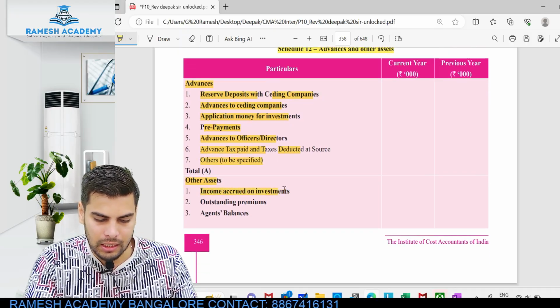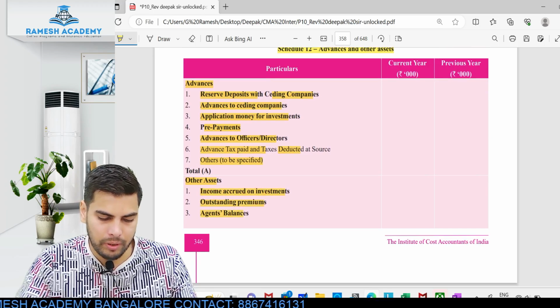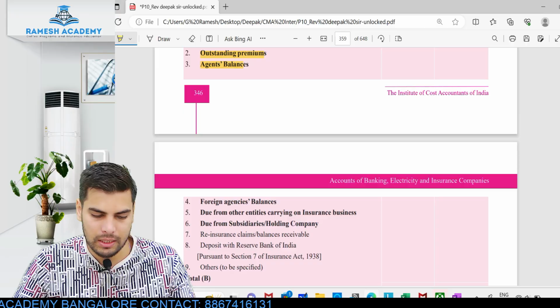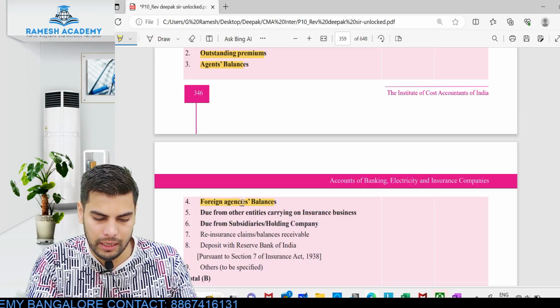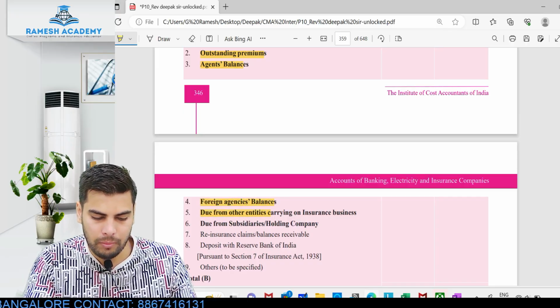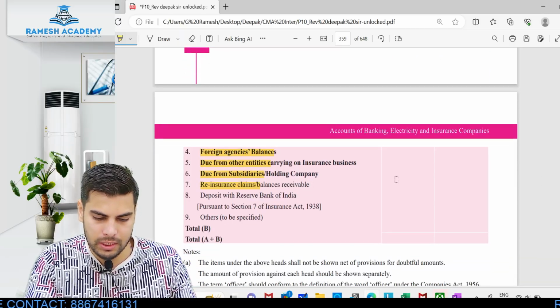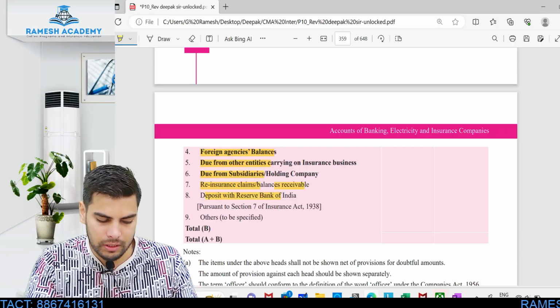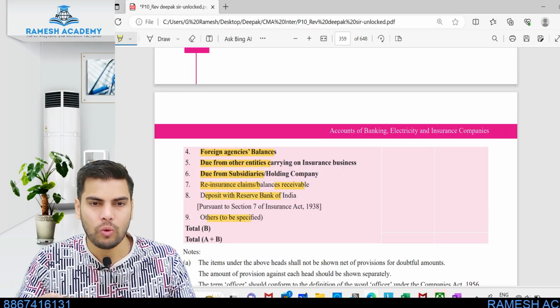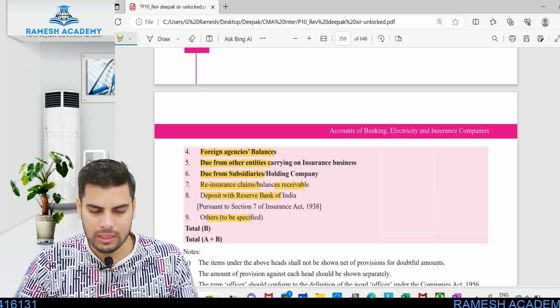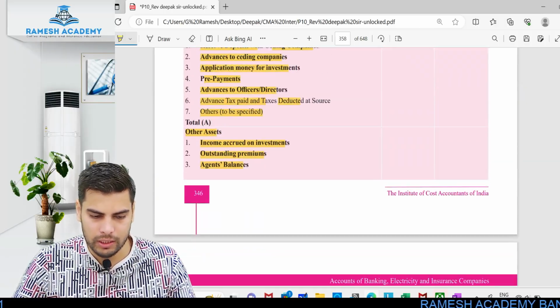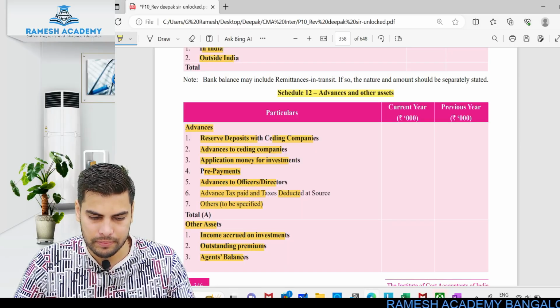Other assets: income accrued on investment, outstanding premium receivable, agents balances, foreign agencies balances, due from other entities, due from subsidiary, reinsurance claims receivable, deposit with Reserve Bank of India and others. Whatever amount is receivable, because this is an asset, we'll be showing the same. Let me just write these points.